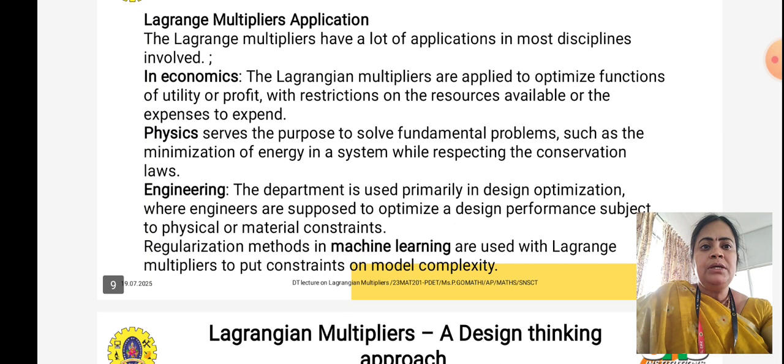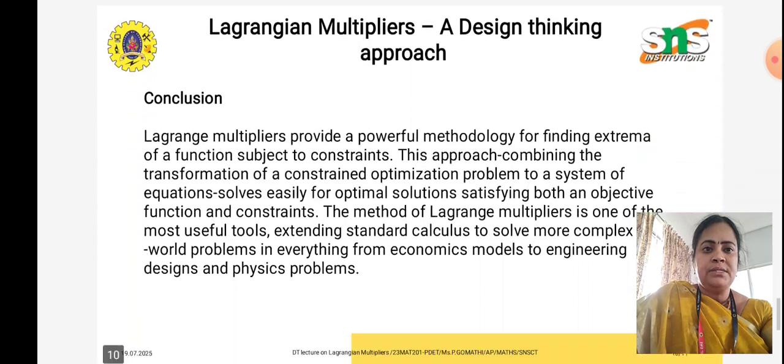In engineering, they are used primarily in design optimization, where engineers optimize a design's performance subject to physical or material constraints. And regularization methods in machine learning use Lagrange multipliers to put constraints on model complexity.